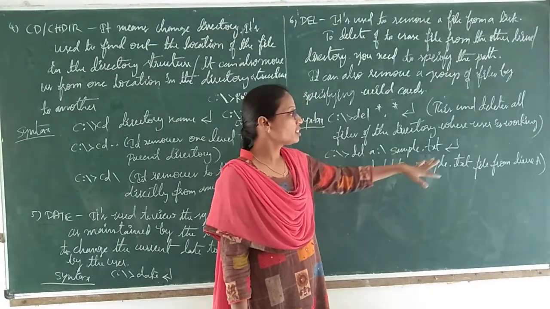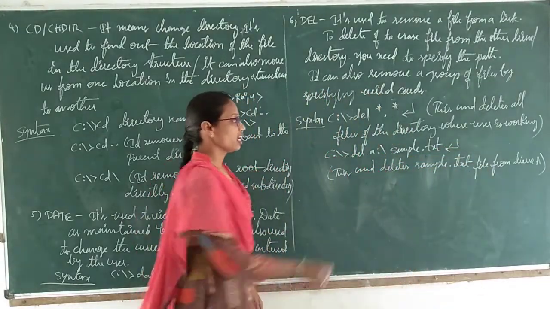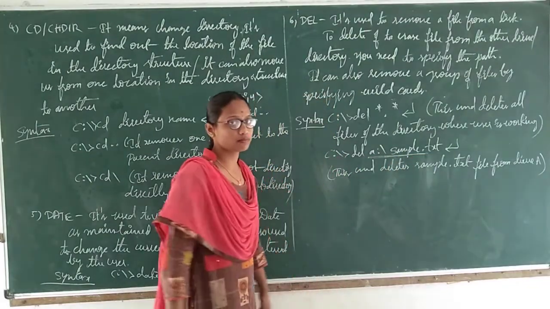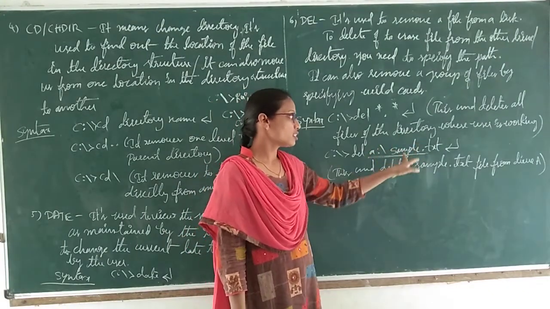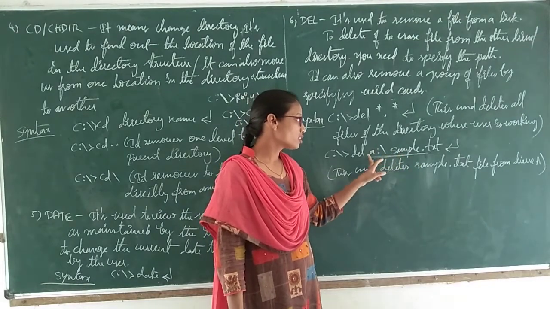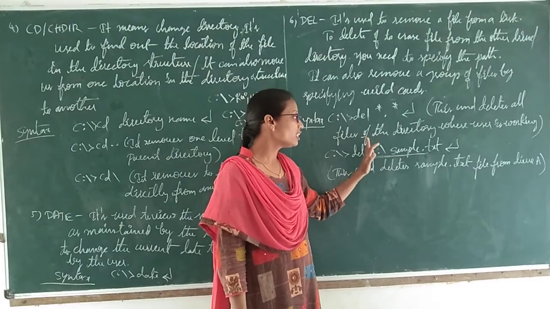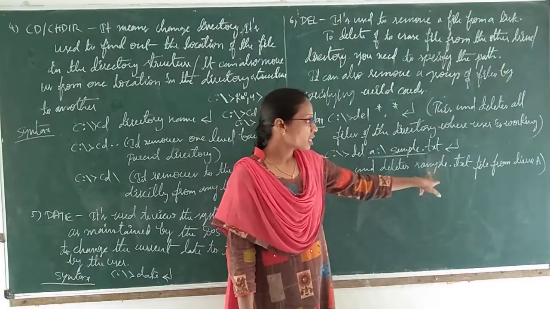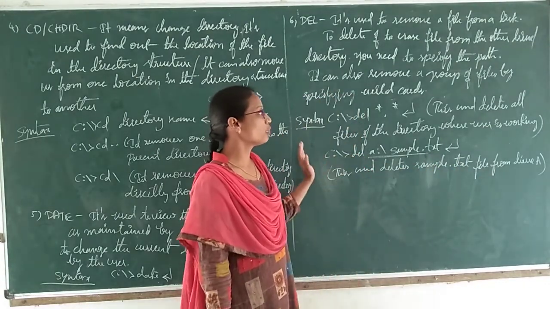This command deletes the sample.txt file from drive A. Here you have mentioned the particular path: sample.txt is stored in this location, drive A, and we are deleting it. We have mentioned the path.